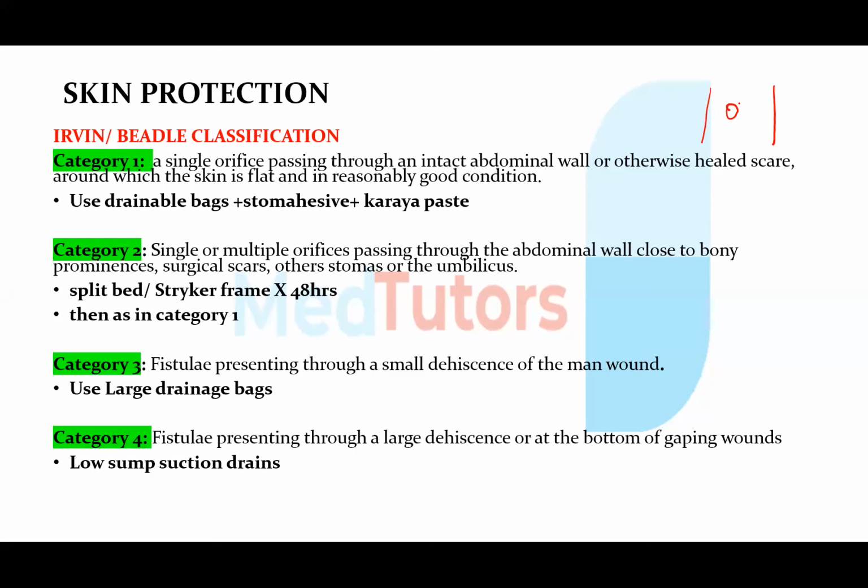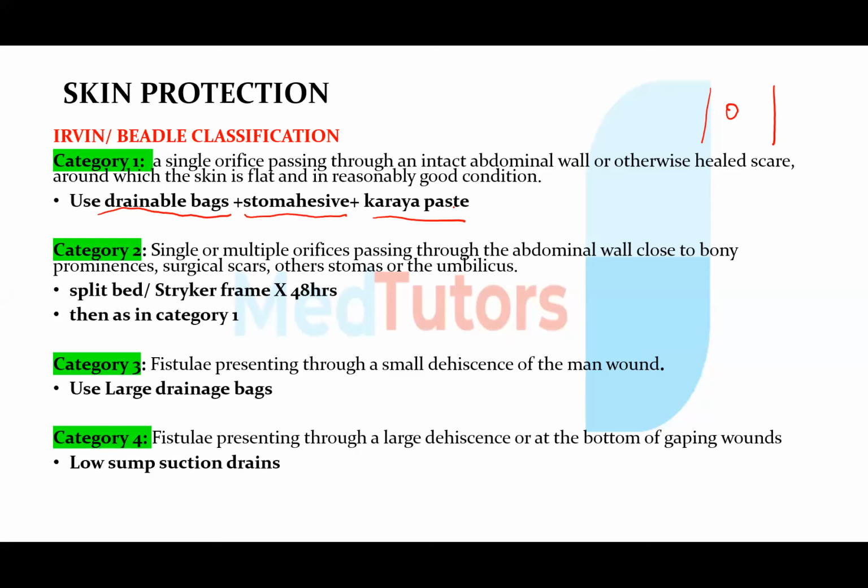That is category 1. So in such a situation, you can use a drainable bag like a colostomy or ileostomy bag. There are stoma adhesives that are applied around the stoma before applying the bag, and you could add carrier paste or zinc oxide around it. And this skin will be well protected. Why?